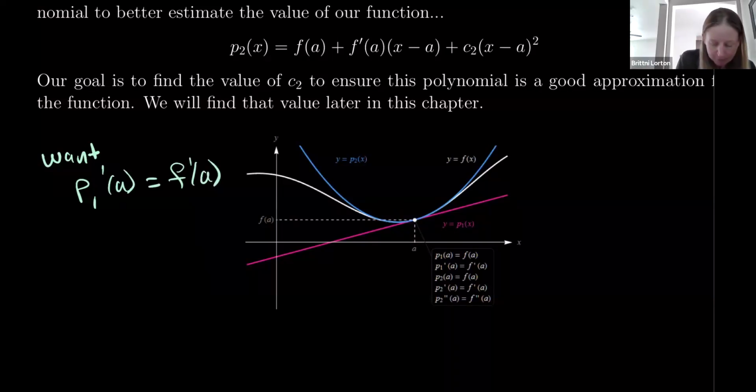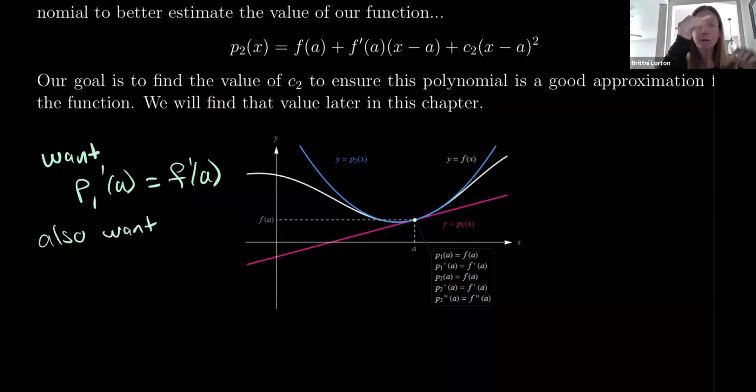That was linear approximation. But if I want a quadratic or a parabola to estimate this better, I also want, I'm going to call it what it is, the concavity to match. Think of Calc 1 when we were finding increasing and decreasing, we used the first derivative. When we were finding concave up and concave down, we were using the second derivative to make the quadratic the same shape.